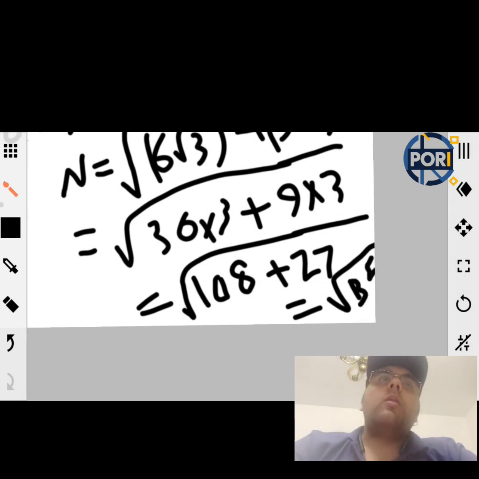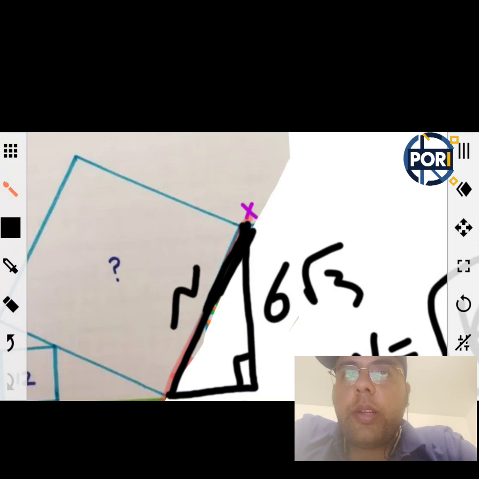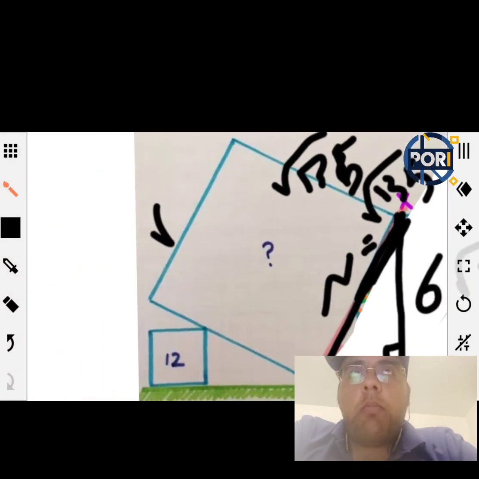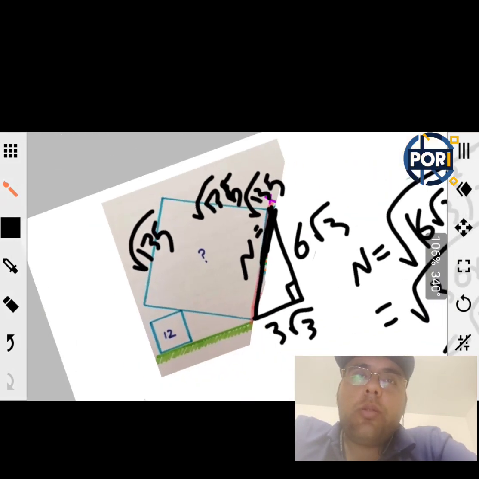This side equals the square root of 135, and the other side of the bigger square is also equal to the square root of 135.